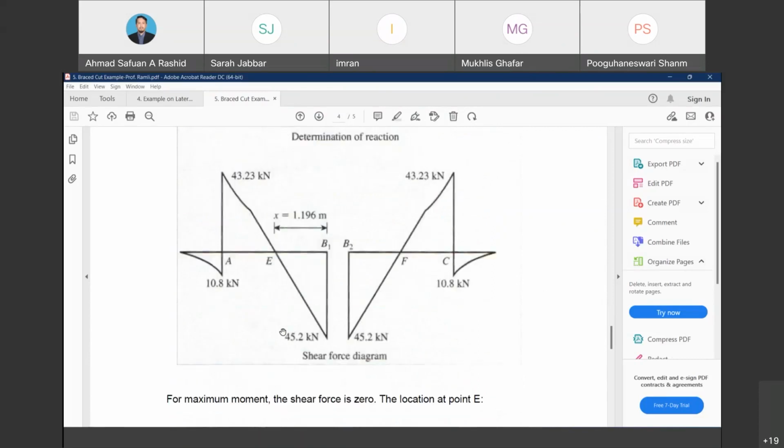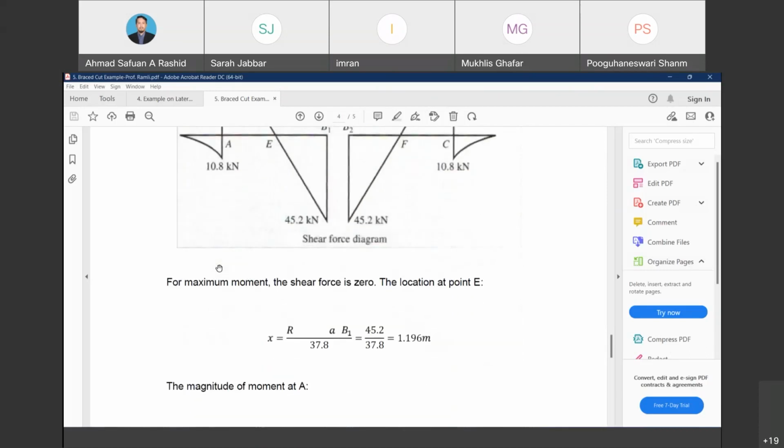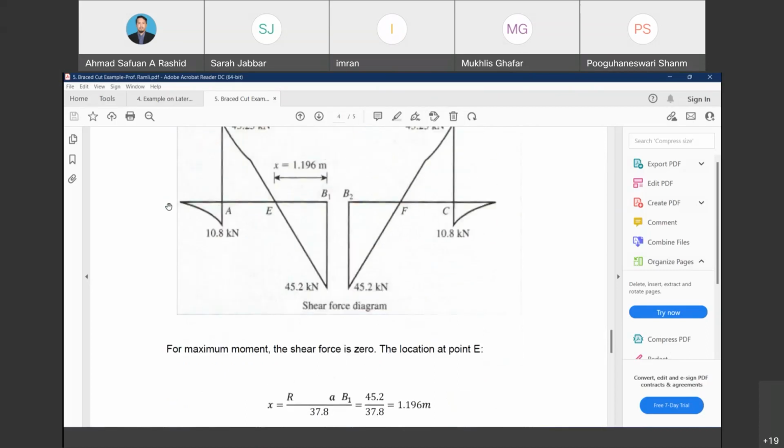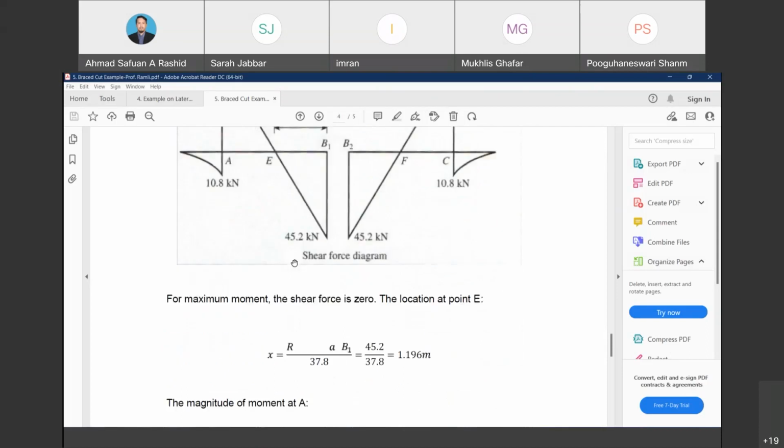From this example, we need to determine the distance between E and B1, because later on we need to get the moment at E, and also the moment at A, or the area of EB1 and also A area. So X can be determined based on this equation.